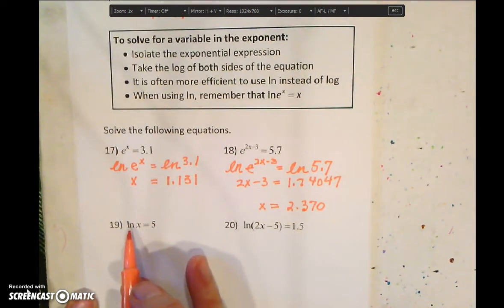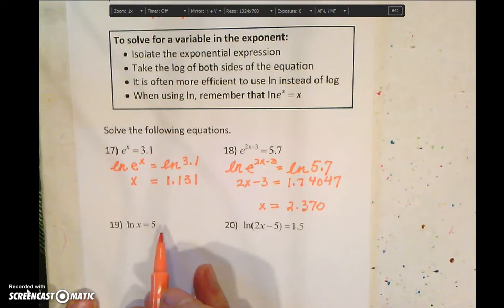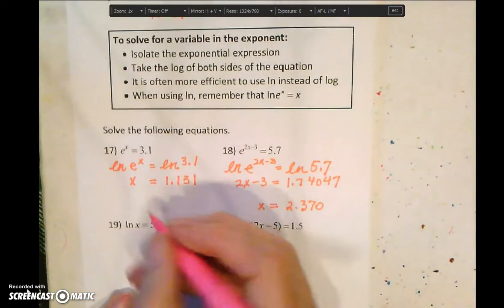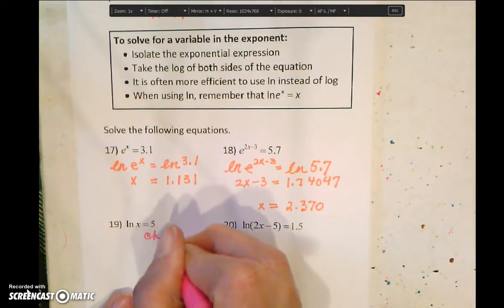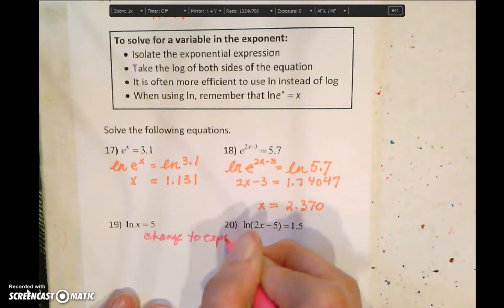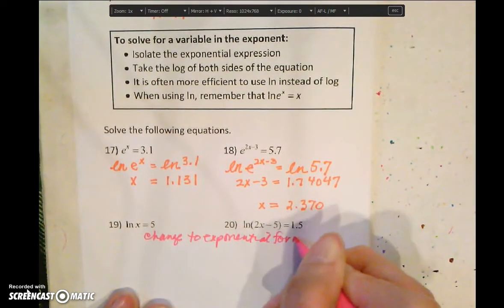All right, so number 19 is different. This time I have the ln of x. I don't have an exponent like I did up above. So whenever I have a log and I need to solve it, I need to change to exponential form.